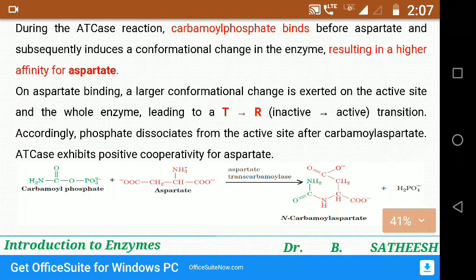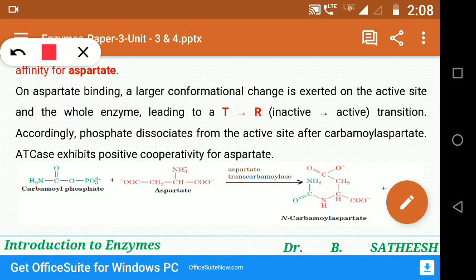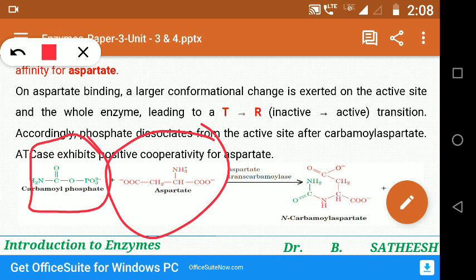Here the reaction of ATCase is: the enzyme has an active site where it binds carbamyl phosphate, substrate 1, and then aspartate, substrate 2.